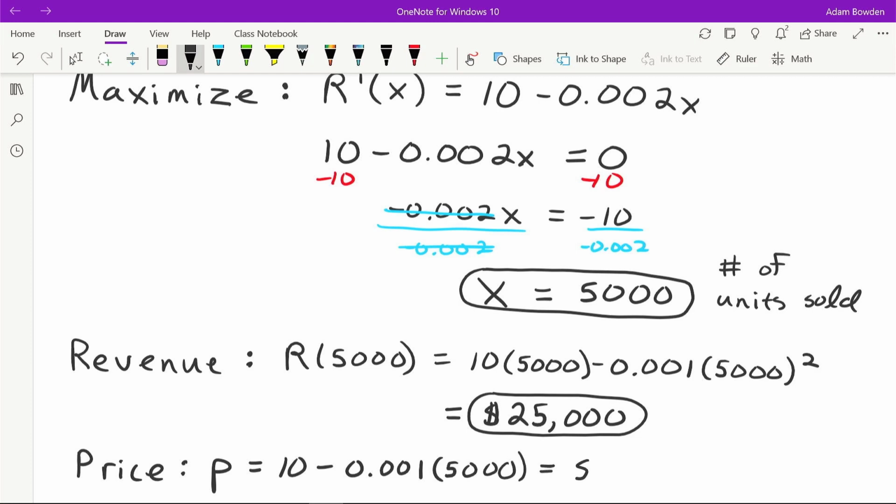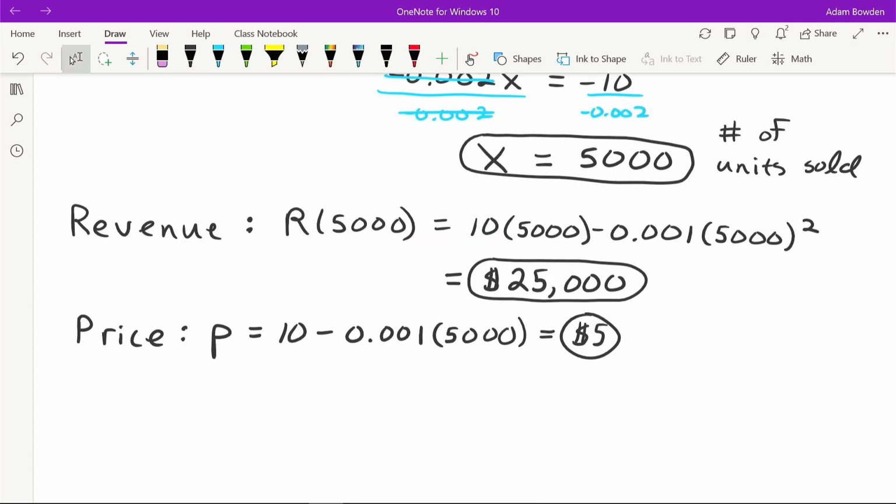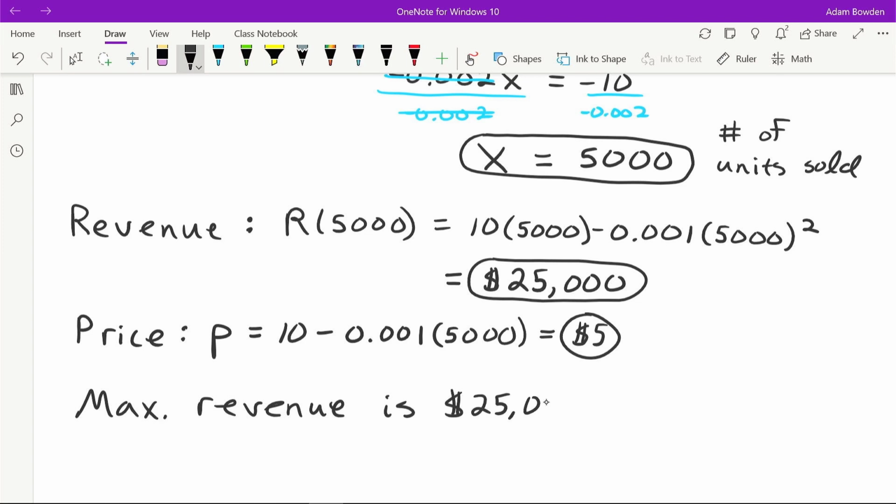I came out with $5. So the summary of all this is the maximum revenue is, in this instance, $25,000 for a price set at $5 each.